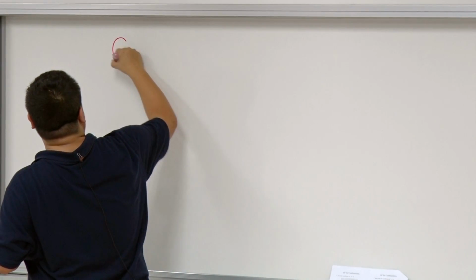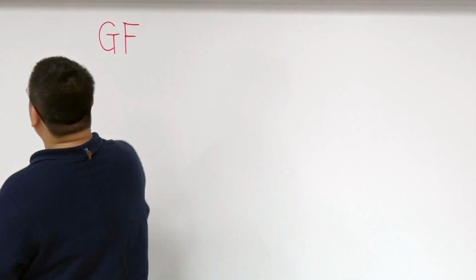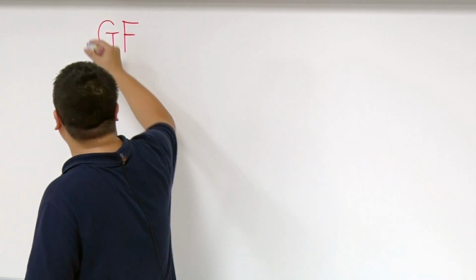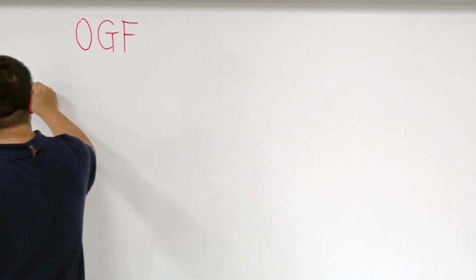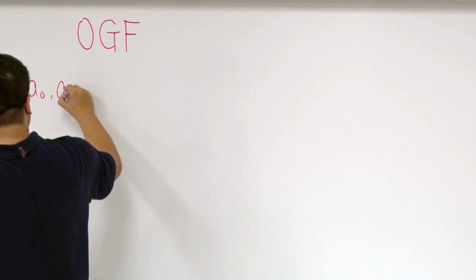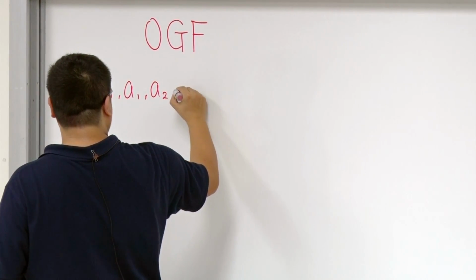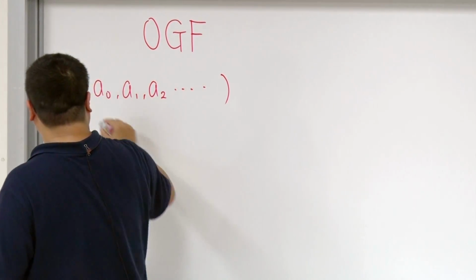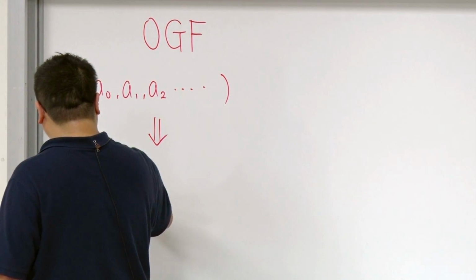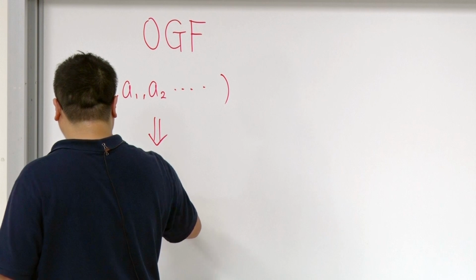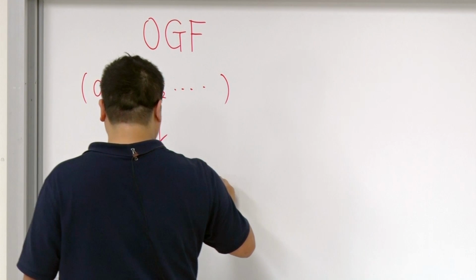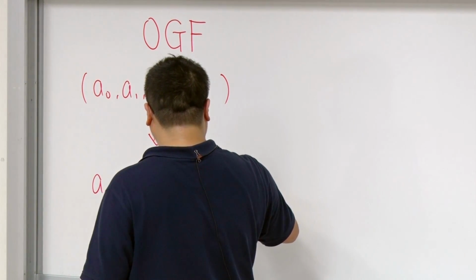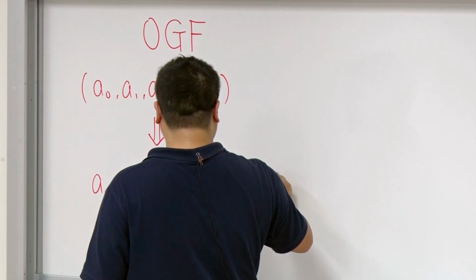But before that, the normal generating function, we usually call it the ordinary generating function, OGF. So the OGF for a sequence of A0, A1, A2, we will write as A0 plus A1x plus A2x squared plus A3x cubed, and so on.